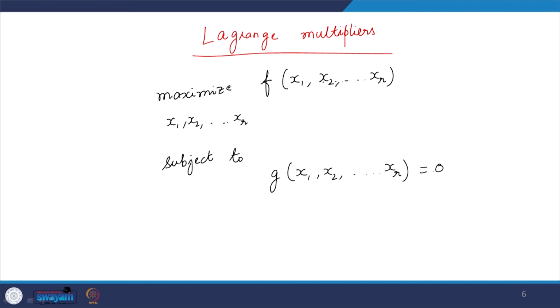So, in this particular case, the maximization problem can be stated like the following.